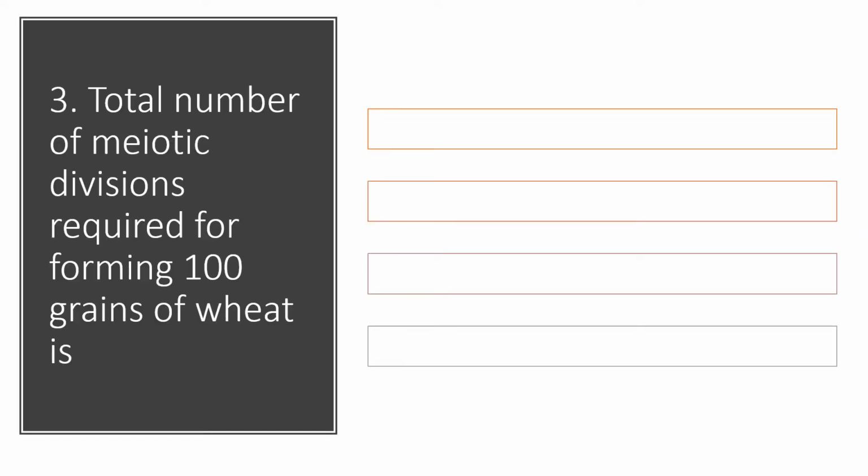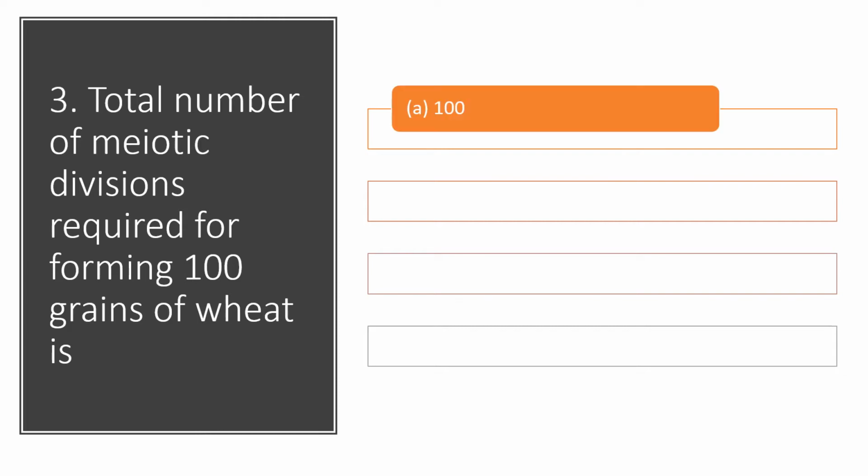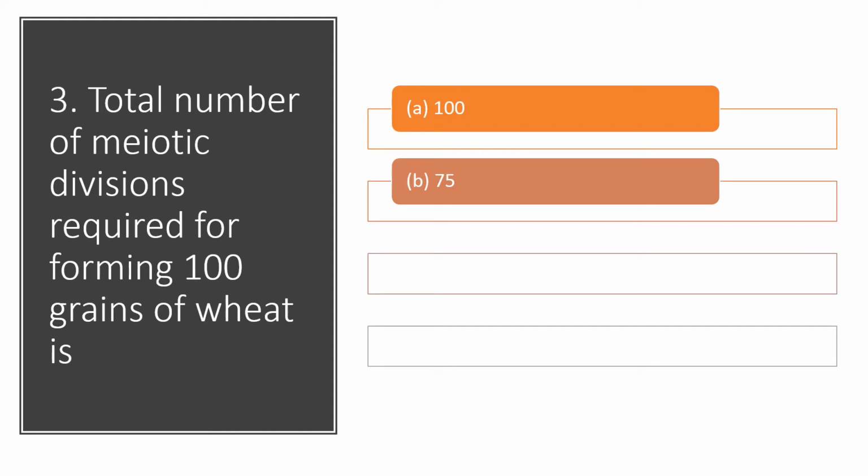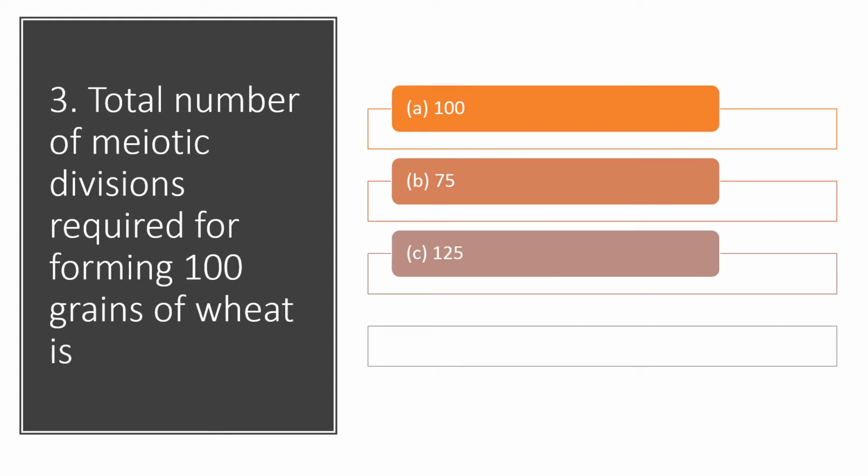Coming to question number 3. The total number of meiotic divisions required for forming 100 grains of wheat is: and the options are 100 times meiotic division, 75 times meiotic division, 125 times meiotic division, 50 times meiotic division. To understand this question, we should know how seed will be formed.